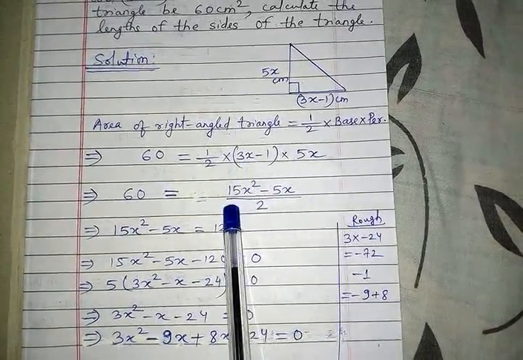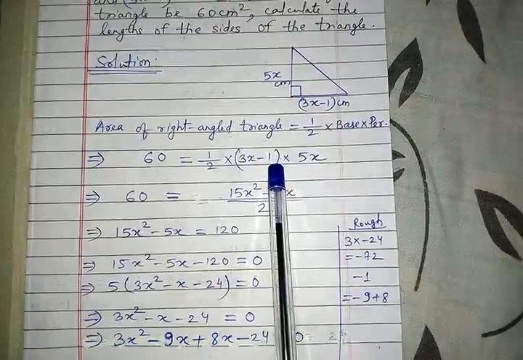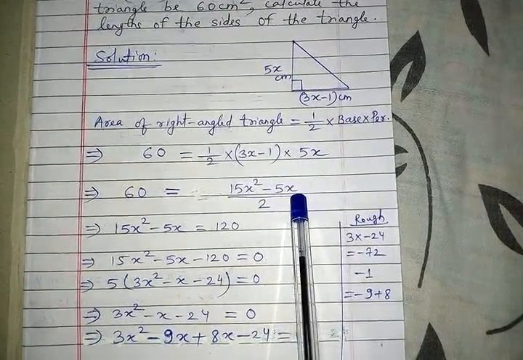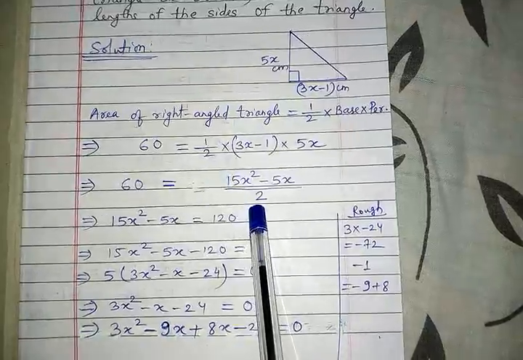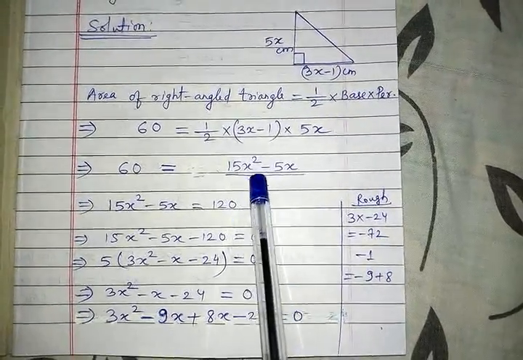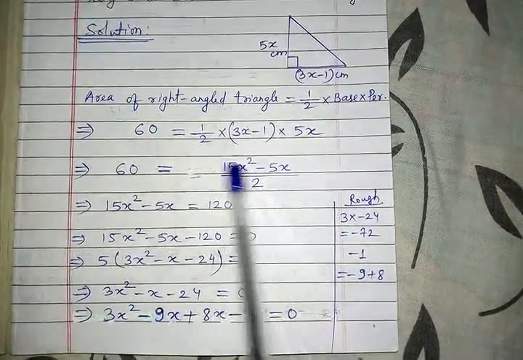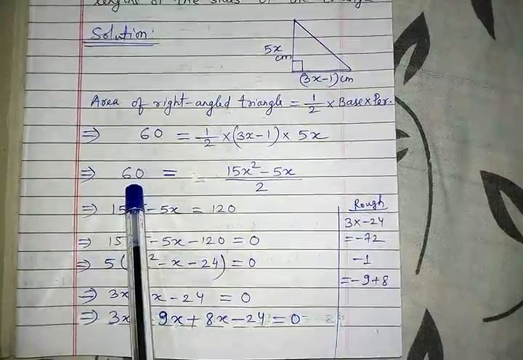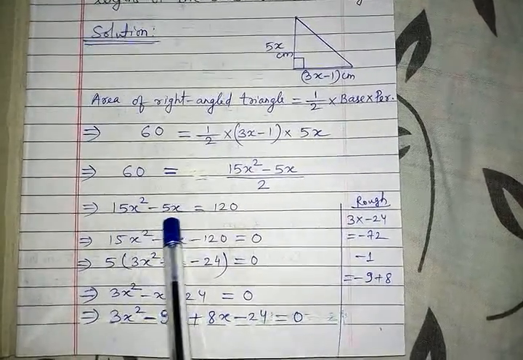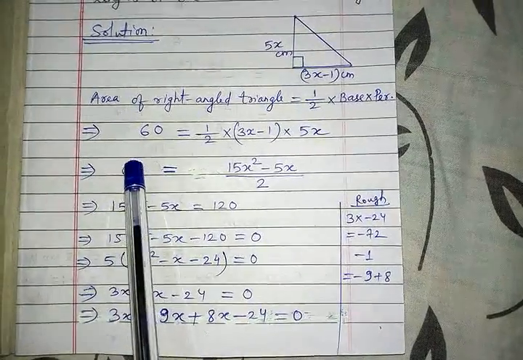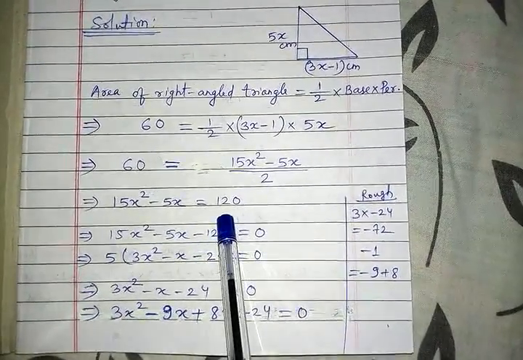And the 2 in the denominator, it's time to cross multiply. These expressions multiply with 1, because below 60 there is 1, so it remains the same. 60 into 2 is 120.